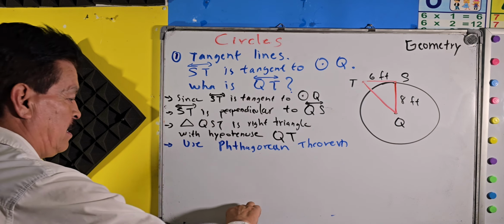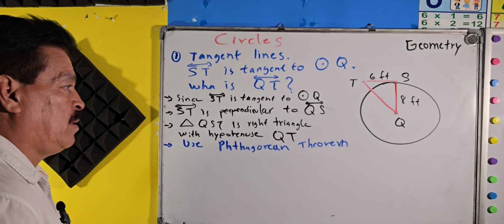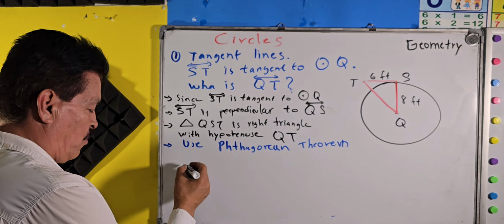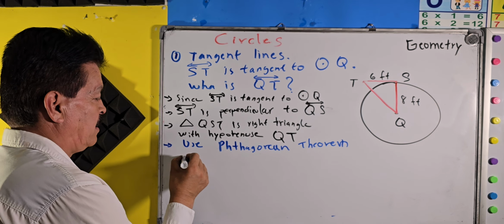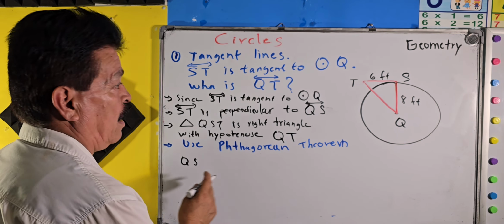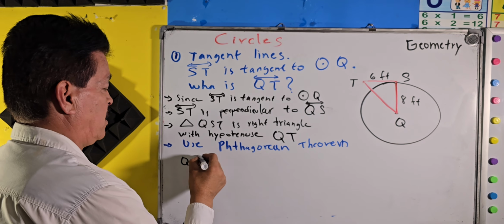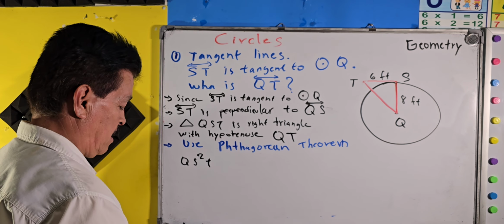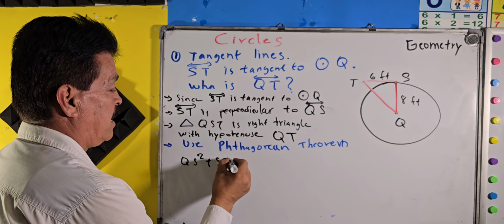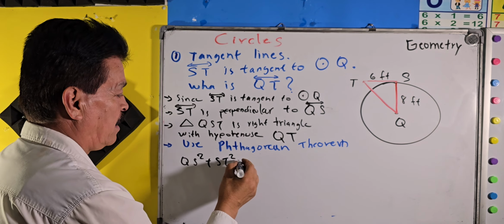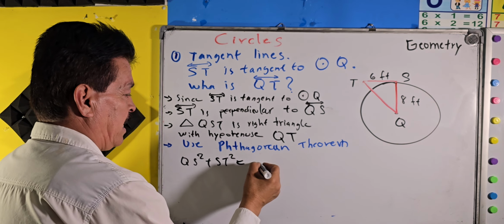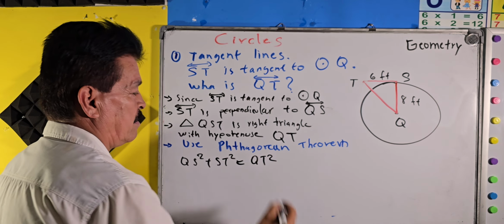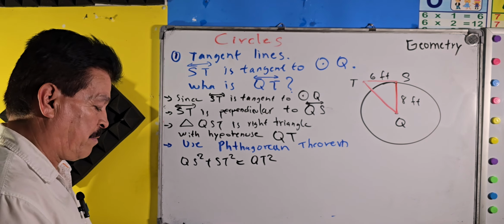It's very simple to find the answer. So first step: QS to the second power plus ST to the second power equals QT to the second power. This is the Pythagoras theorem.